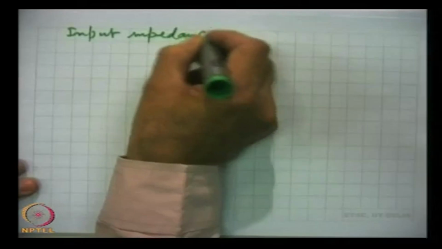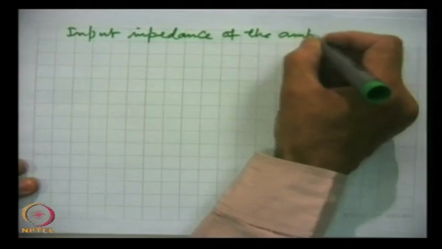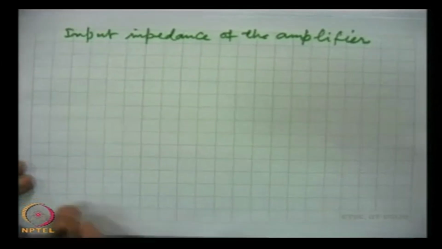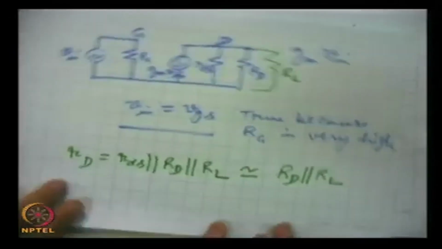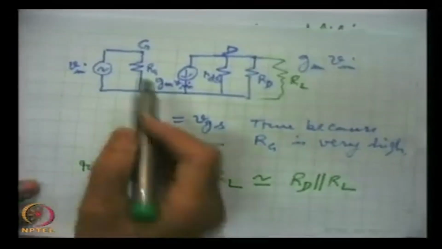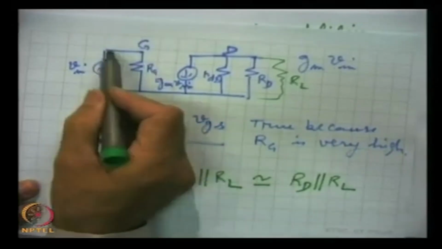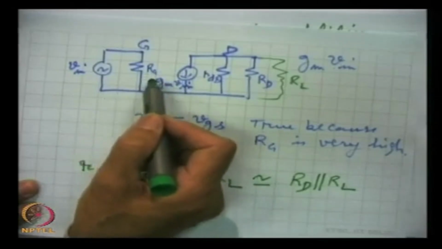Input impedance of the amplifier. We can see, for example, from this model that input impedance, if we measure at the input terminals between gate and source, will come out to be equal to Rg, and Rg is very high.